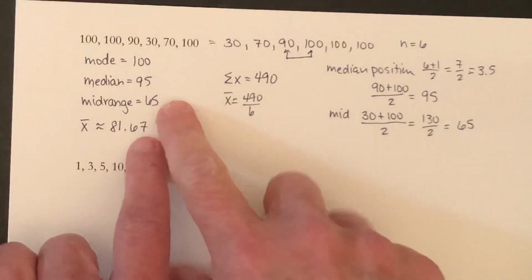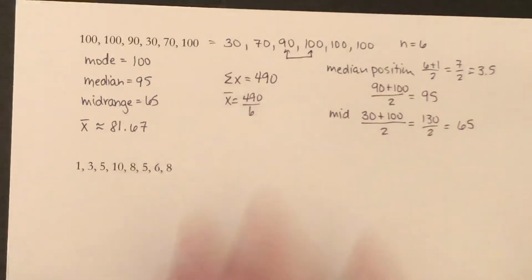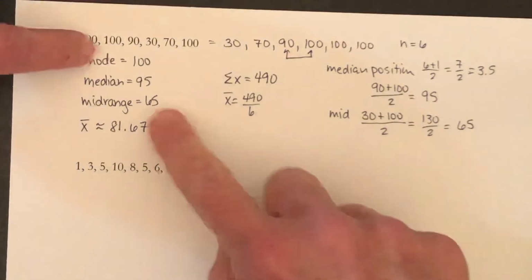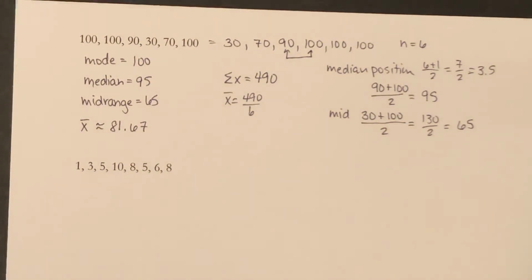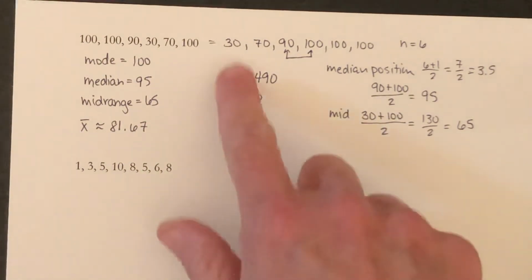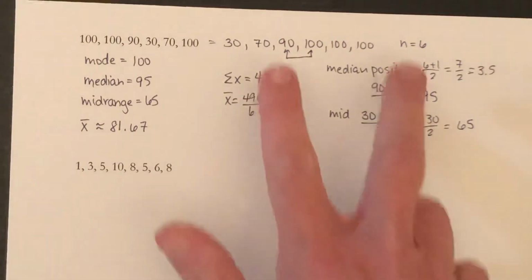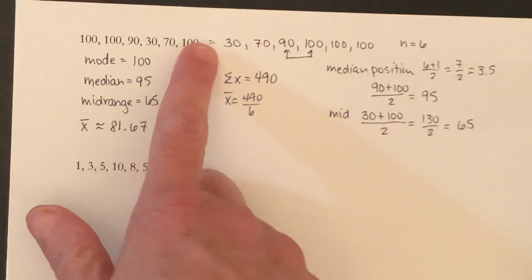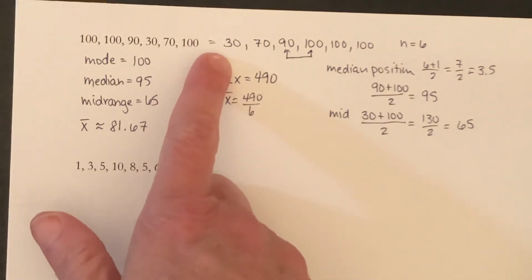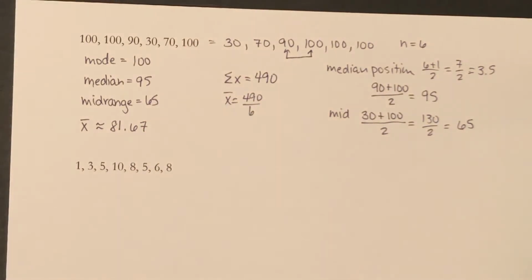Notice how off these kind of are. There's a big jump here. Okay, and that's partially what's happening here, this 30 is an outlier. I mean, if you were thinking of these as grades, all of these are passing, and this one is quite low. So it's out there, and it's having an outsized effect on the mean. And so the others can give you a better idea in certain cases.